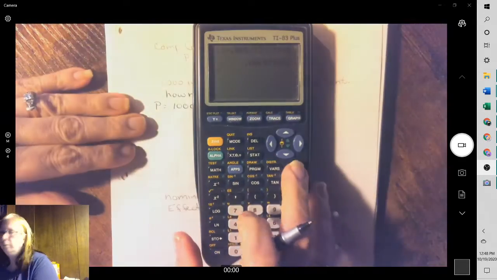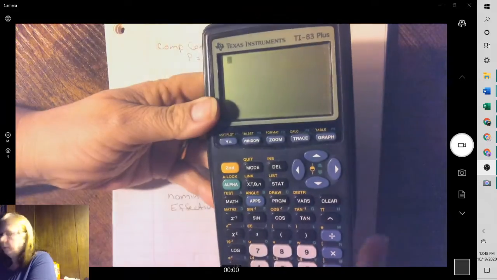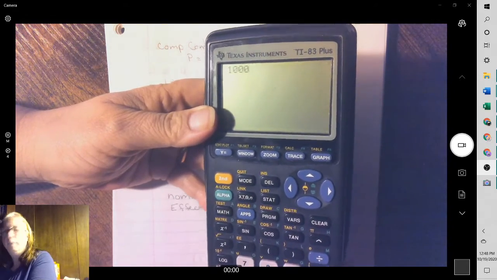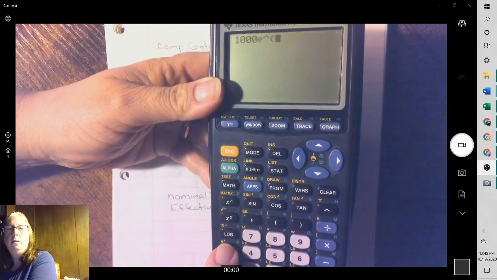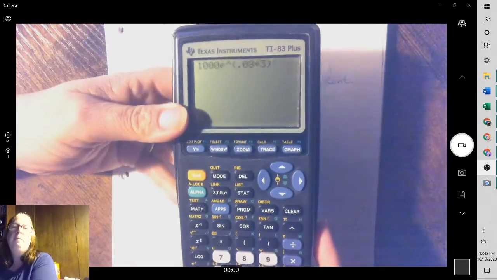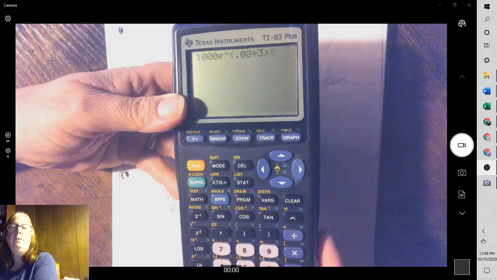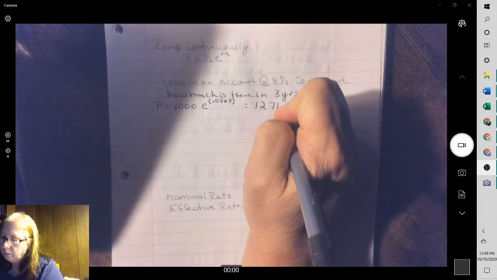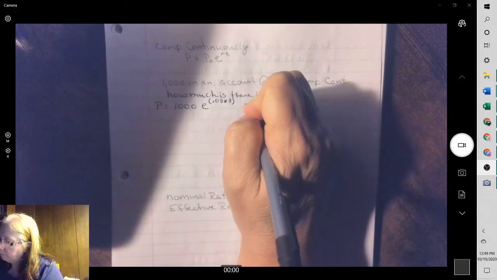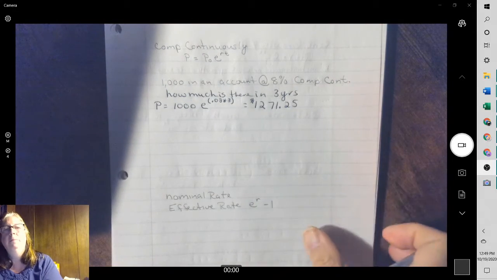So I plug in the 1,000, second e, and then the percent, 0.08, times the number of years. And then hit enter. $1,271.25. So there'll be $1,271 in the account.